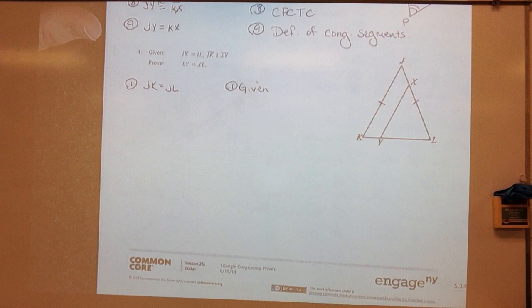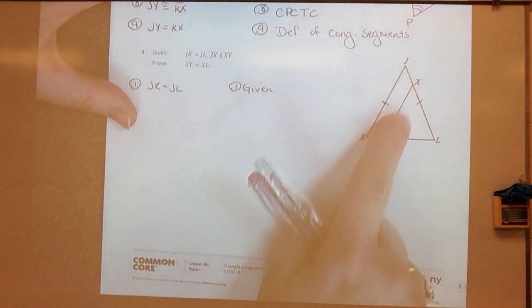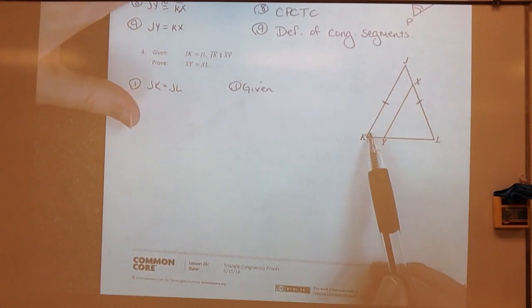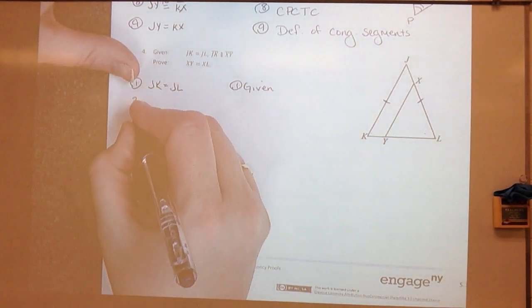Now, take out this middle segment here for just a moment, and what kind of triangle do I have? I have an isosceles triangle. So because I have an isosceles triangle, what do I know about the angles of an isosceles triangle? I know that the base angles are equal.